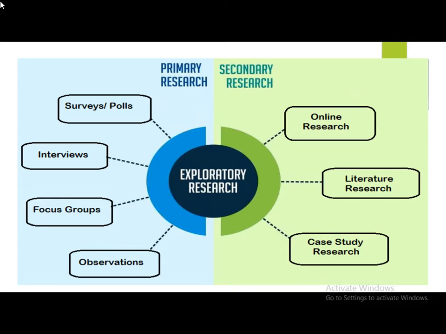And on the left side, in the blue diagram, you can see the primary research approaches of exploratory research: surveys or polls, interview methods, focus groups and observation. So there are 4 plus 3, a total of 7 approaches. Now we will understand each and every approach one by one.